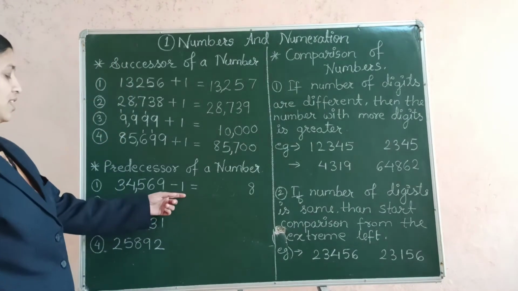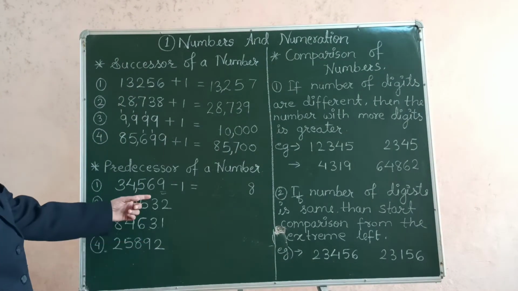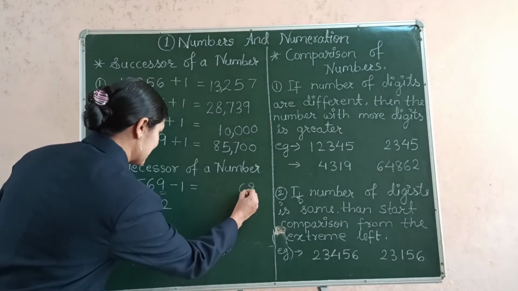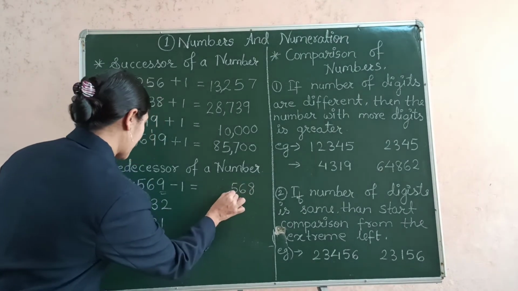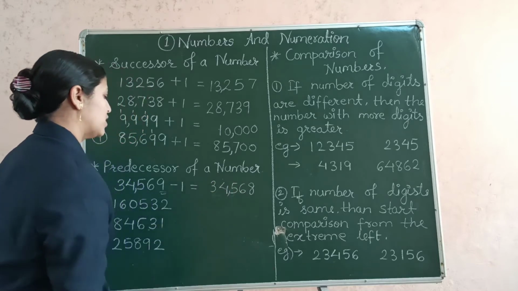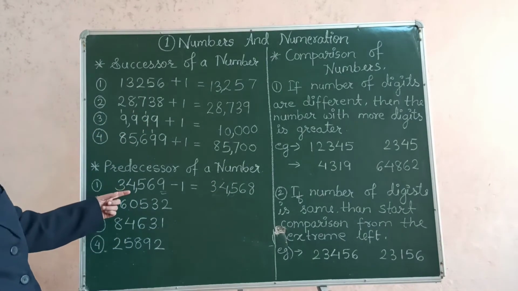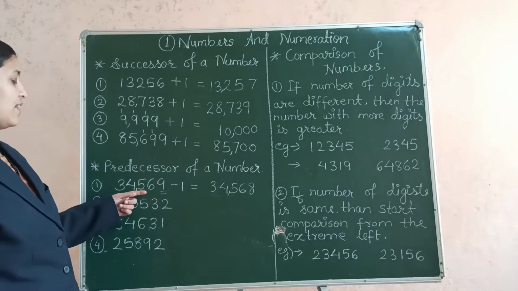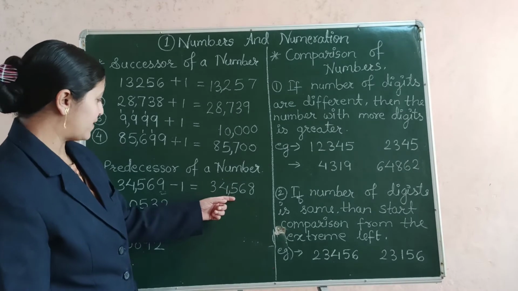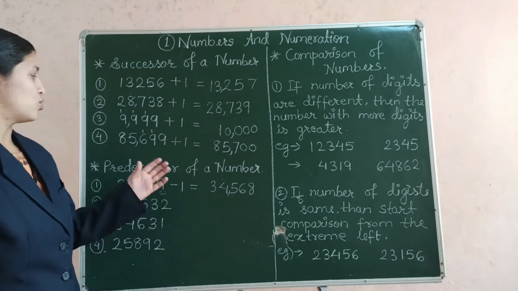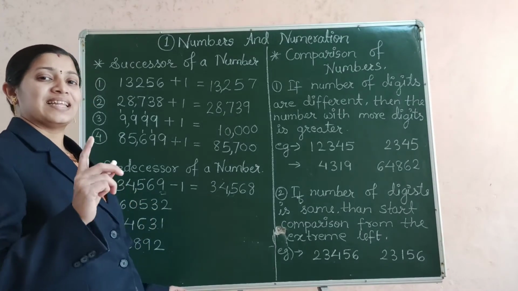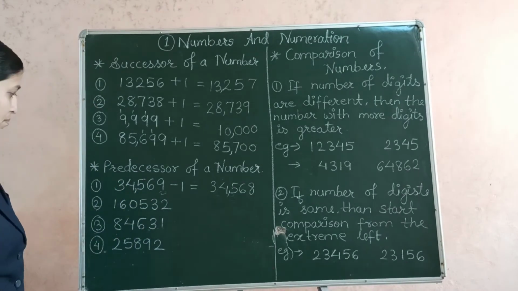And the rest of the digits will be written as it is. That is 6, 5, 4 and 3. So the predecessor of the number 34,569 is 34,568. So the predecessor of any number is 1 less than the given number.